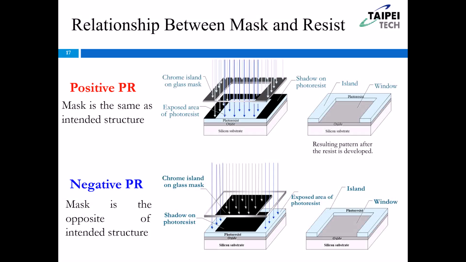Today, if I want the same pattern of the PR, so you see, for the positive PR we use, the photo mask has the same pattern as the PR. However, for the negative PR, you see, the photo mask pattern is opposite to the pattern of the PR. Okay, so you can tell the difference by using this slide.